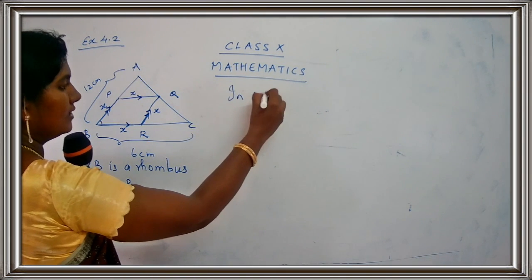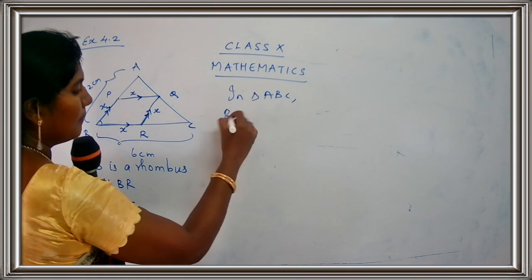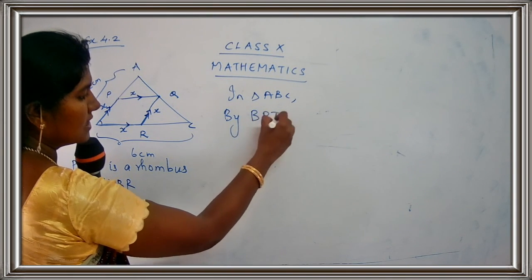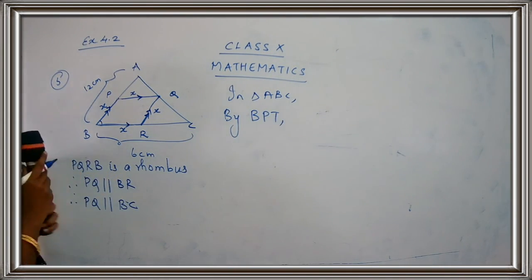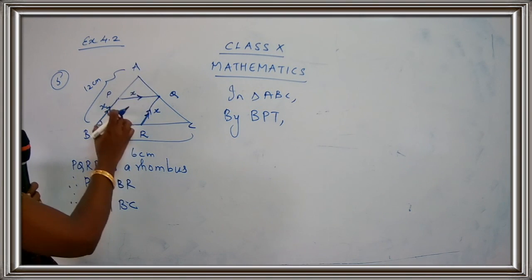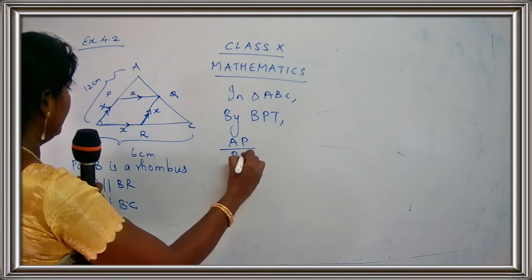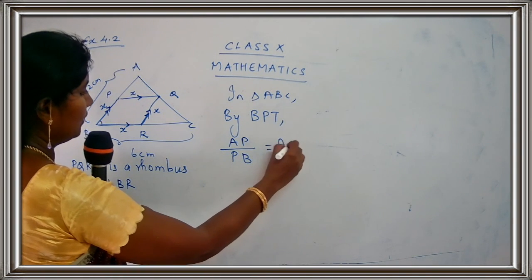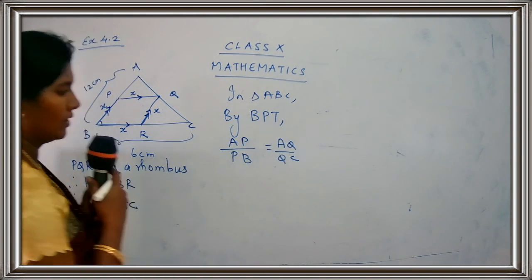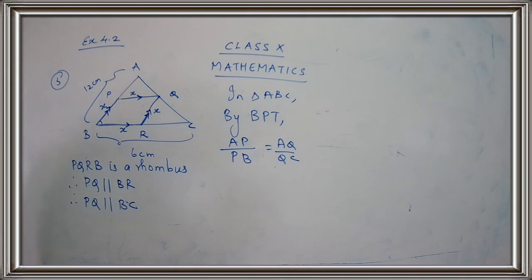So in triangle ABC by BPT, that is the basic proportionality theorem, what will be the ratio? AP upon PB is equal to AQ upon QC. What do you get here? AP upon PB is equal to AQ upon QC.